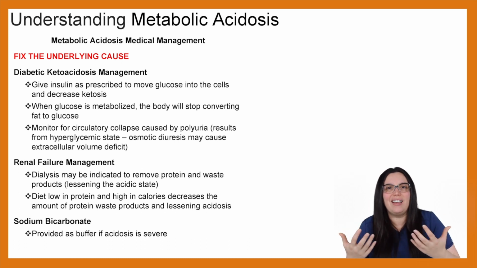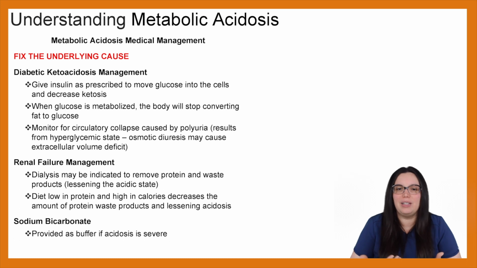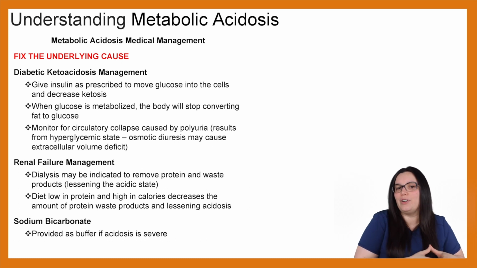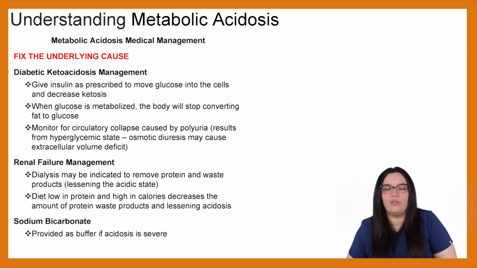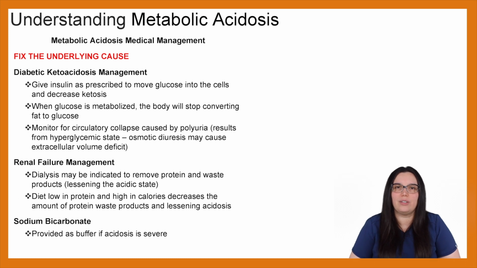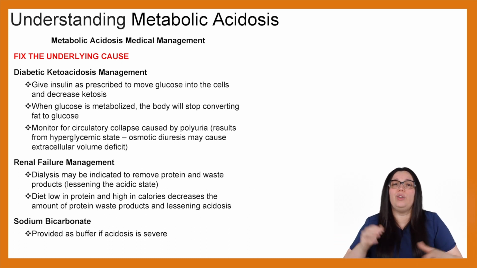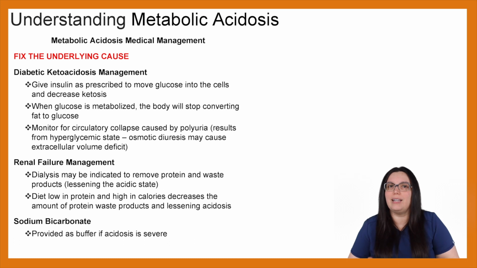So what that does is that glucose becomes metabolized and the body will stop converting fat to glucose, lessening that acidosis. But we also need to monitor for circulatory collapse caused by polyuria. When you've got all of this glucose, the body is going to try to get rid of it, and one of the ways it does that is with increasing urination.